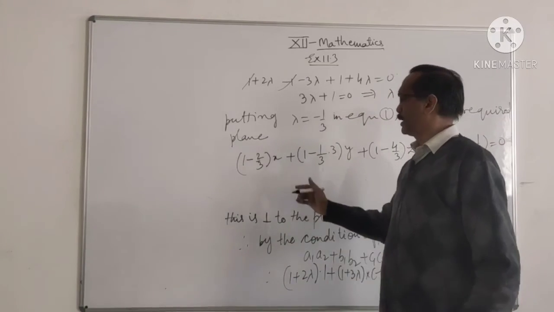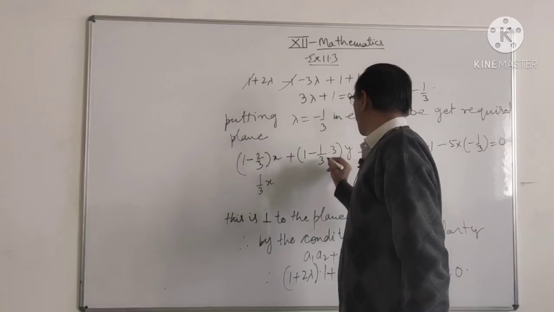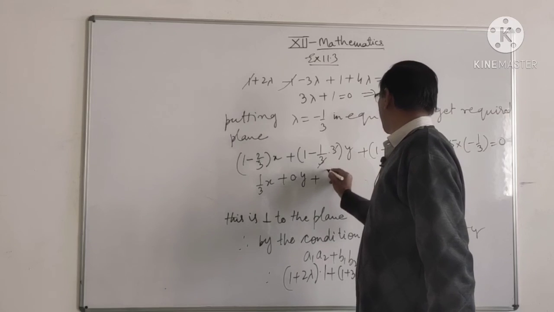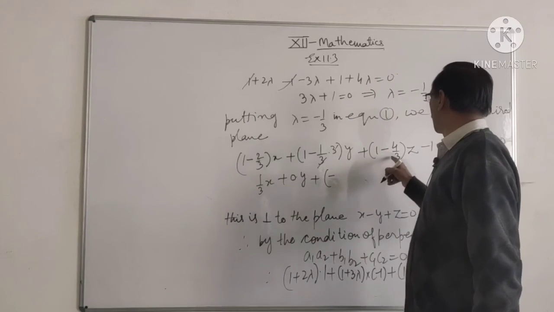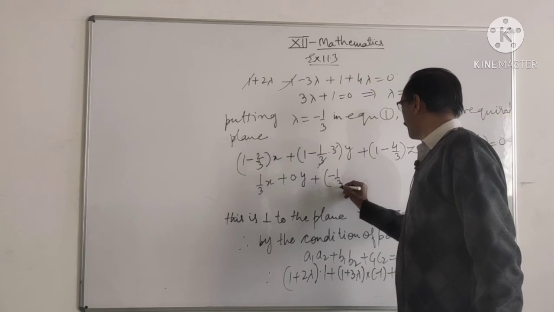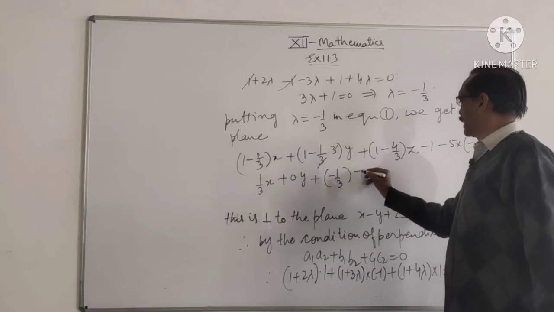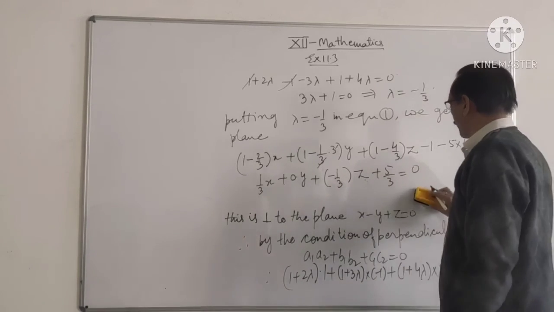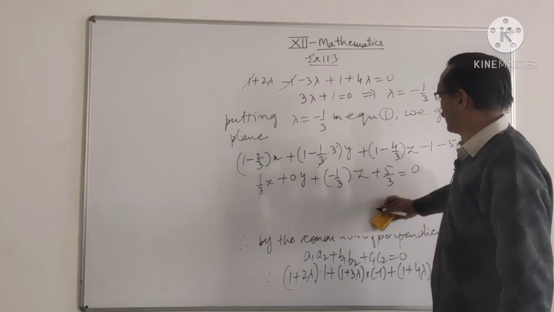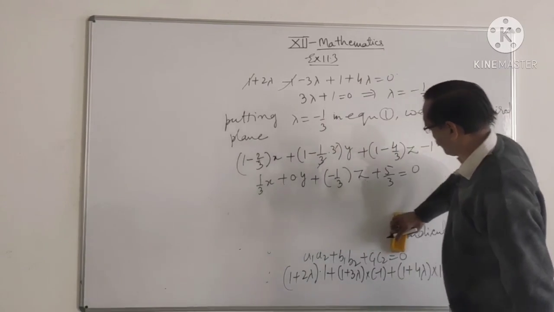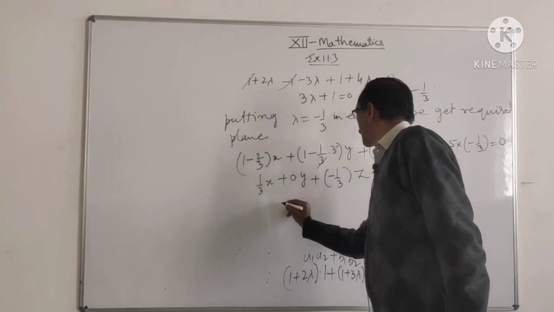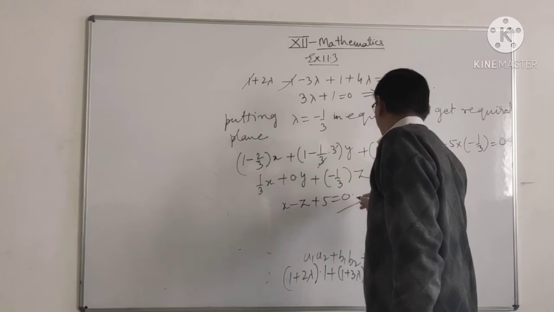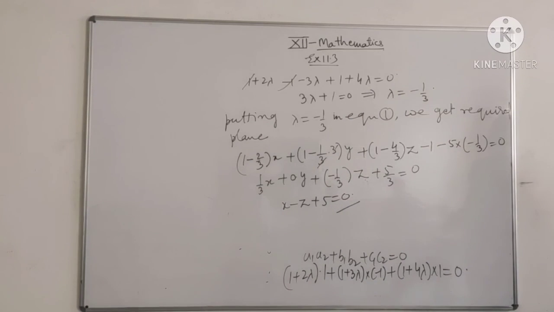Or we will get 1 upon 3 x plus 0 into y plus minus 1 upon 3 into z plus 5 upon 3 equal to 0. Dividing the whole equation by 3, we will get x minus z plus 5 equal to 0, which is required equation of plane.